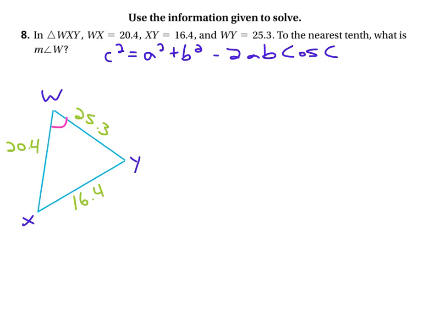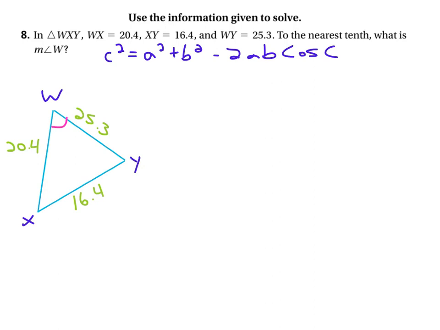But how do you know what the c value is? Well, it's opposite from the angle c. And really, angle c is just a general way of saying the angle you have or are looking for. So we're looking for w. So what's the opposite side from w? It is 16.4.